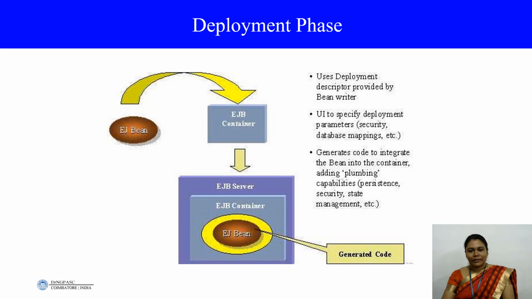Then the deployment phase. Once the EJB bean is created by the bean provider, it's wrapped into an EJB container, which provides the core to support integrated beans and also the plumbing capabilities like persistence, security, and state management.